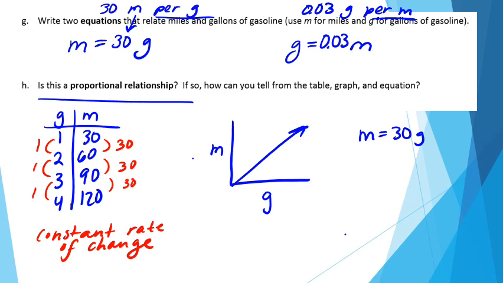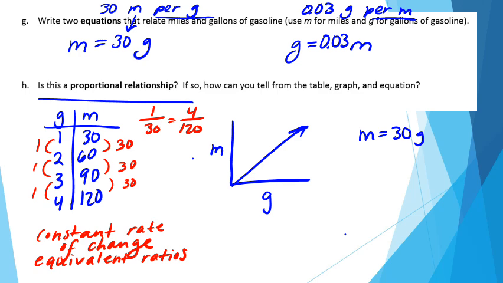So this is a constant rate of change. These are all equivalent ratios. So for example, 1 over 30 and 4 over 120, these form a proportion, right?